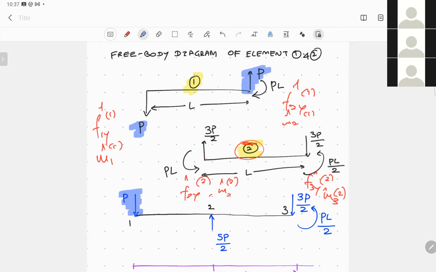If we consider element 1, there's a positive force in the y direction, and if you consider the elemental equations of element number 2, you will find that F2y corresponding to the second element will be 3P by 2. So at node number 2, you then have to sum them up. At node number 3, again, you only have this force acting in the negative y direction.